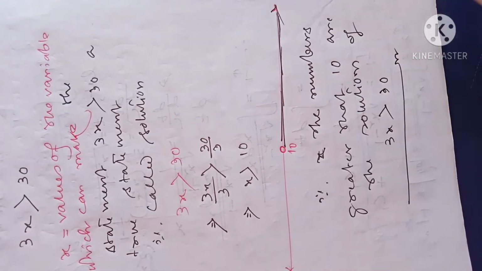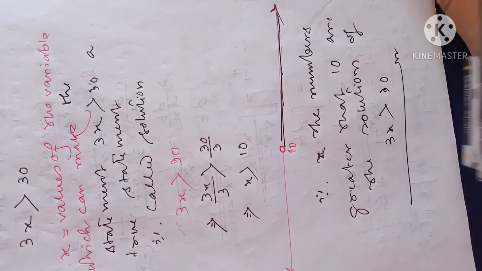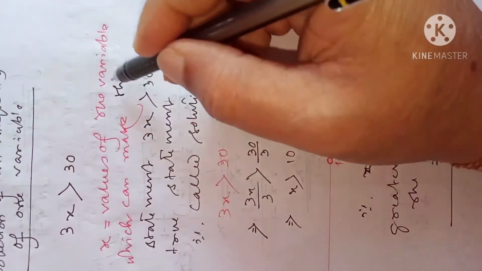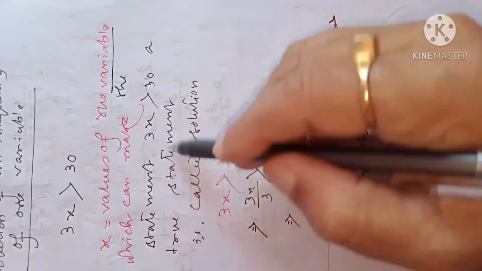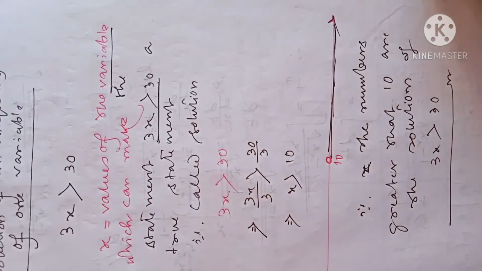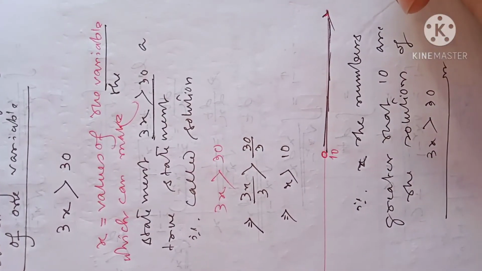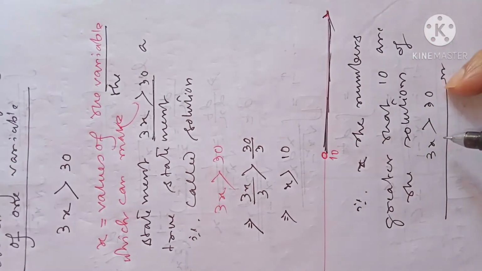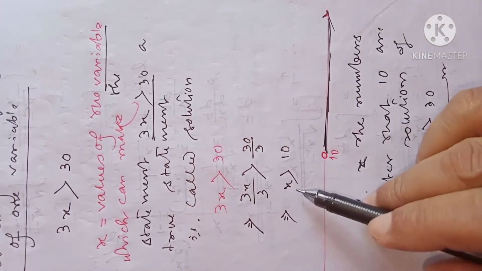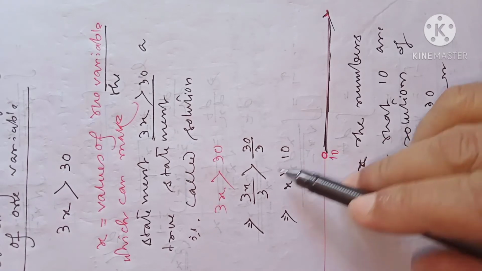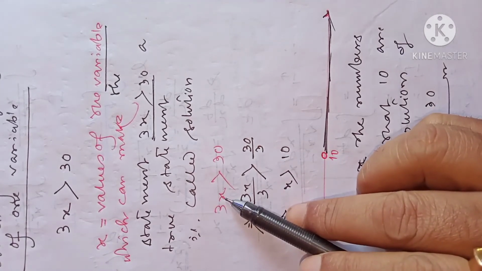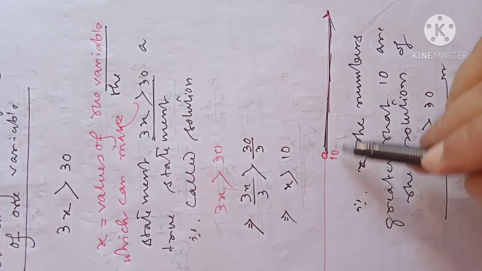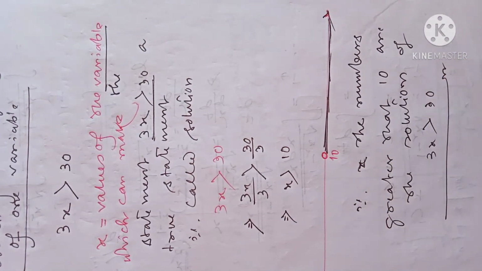Okay, dear students. So solution means the values of x or the values of y, the values of the variable which make the given statement a true statement. That is called solution of an inequation. So the solution of an inequation can be infinite, because as you saw, x greater than 10, any number after 10, suppose 11, 12, 13, can satisfy this. So there can be an infinite number of solutions.